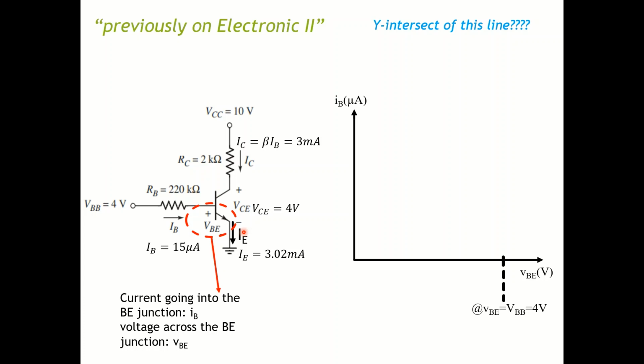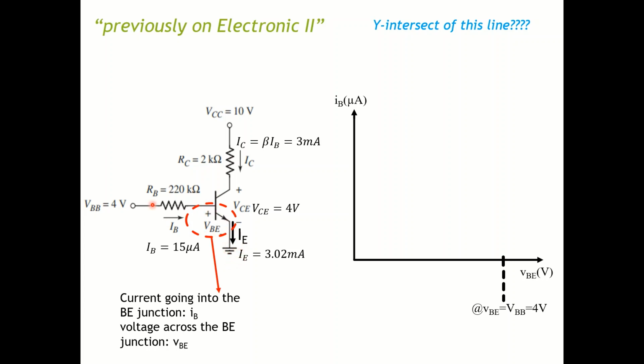So what do we know? First, let's try to examine different points that we know about this circuit. Let's assume at one point VBE equals VBB equals 4. That means the voltage at this point, because this is ground, is equal to the voltage at this point.